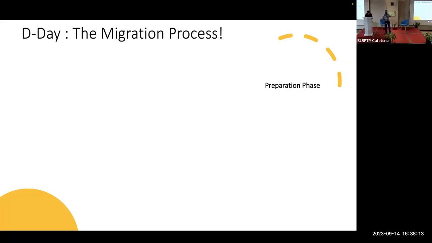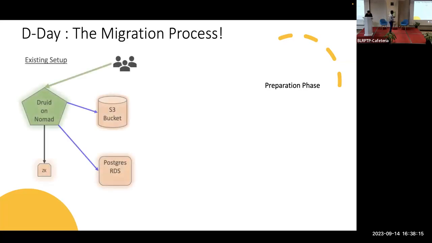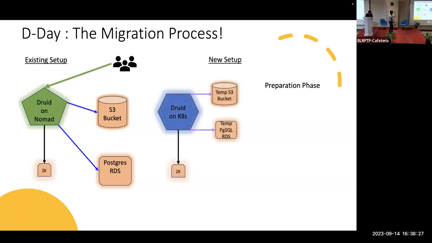The first phase is the preparation phase. We have already seen our existing structure, Druid on Nomad with external dependencies, and the users are using this. Now this is the new deployment which we have done, Druid on Kubernetes.